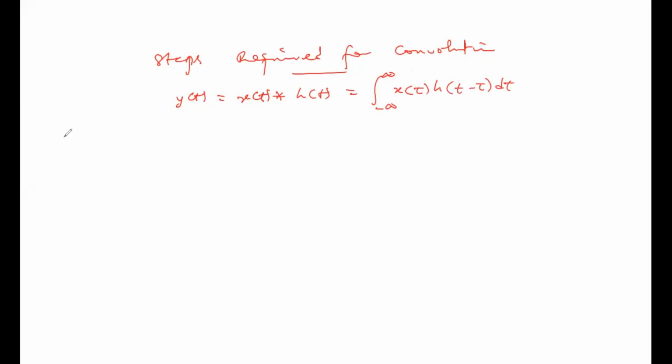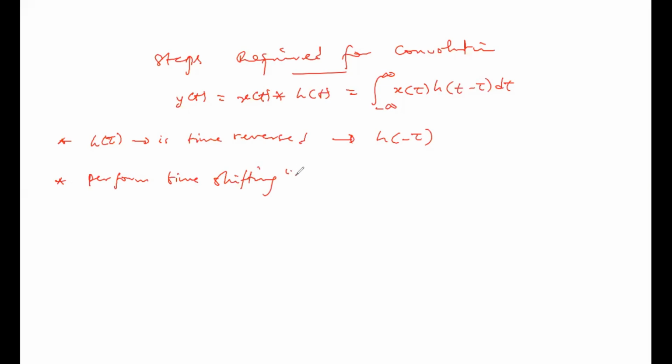And now the first point here is that the impulse response is time reversed. So h of tau is time reversed, giving h of negative tau, so it means it's reflected about the time scale. Then afterwards, we perform time shifting on h of negative tau.